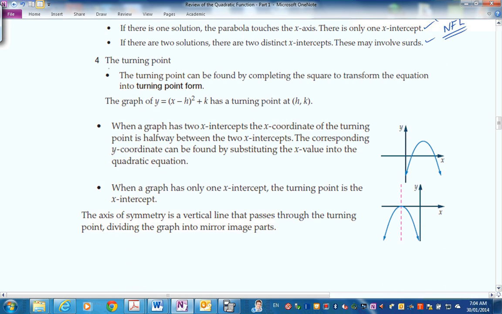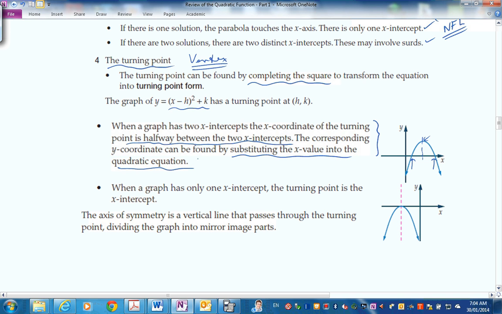The turning point, more often called the vertex or the peak of the parabola, you've got to get that into square form. Or, as I have mentioned, you can get the x-coordinate because it's halfway between the two x-intercepts. So you find halfway, get that x value, and then substitute it into the quadratic equation.